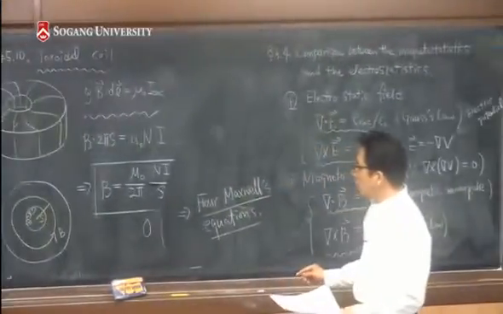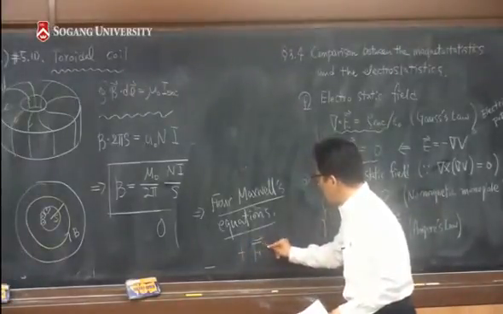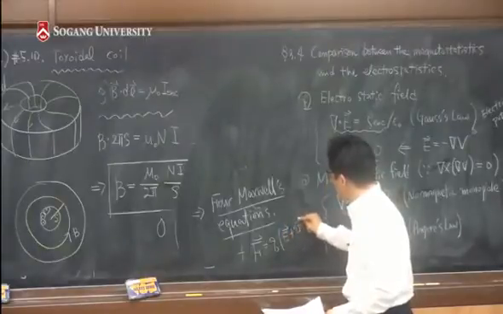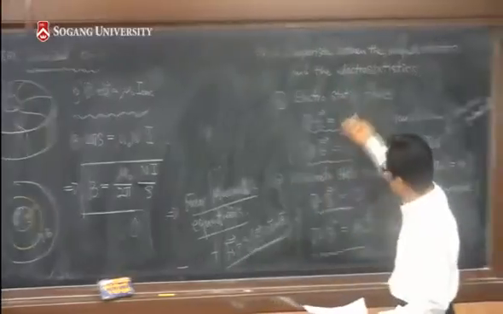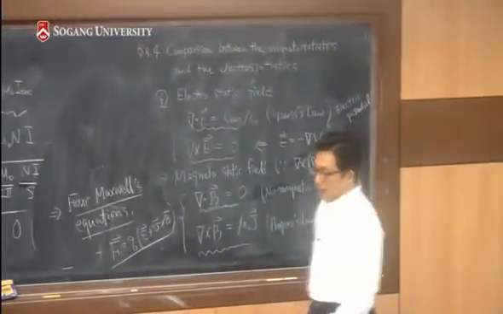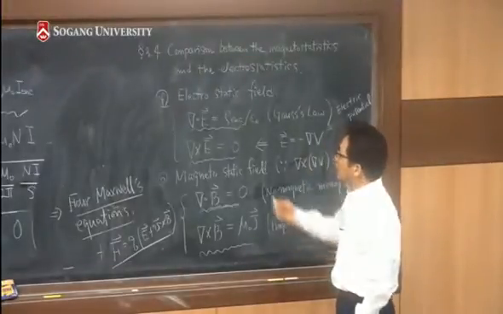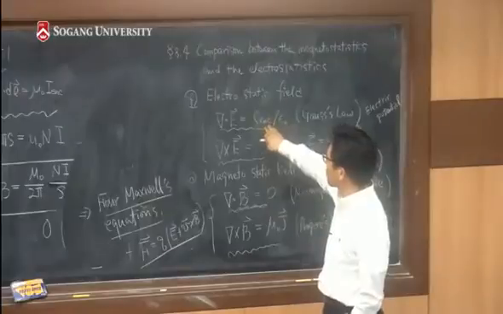If we have a formula for the force, qE plus v cross product of B, together with these four equations, you can find the electric field in space and the magnetic field in space whenever there is a charge distribution or current distribution.